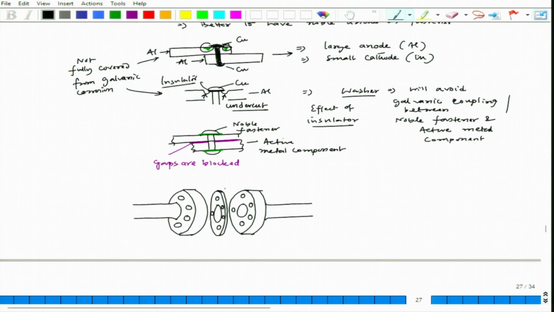So, this is my insulating gasket, which can be made of glass reinforced epoxy.